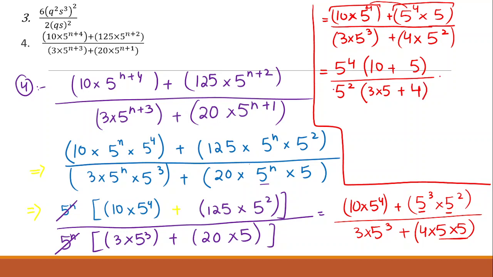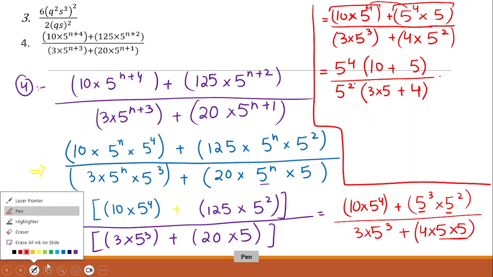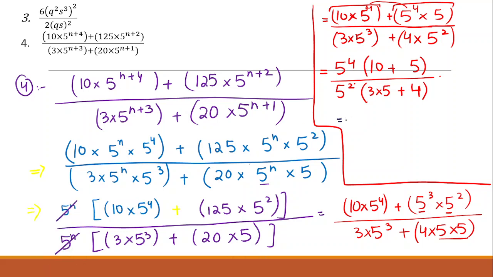So this 5 to the power square, what we can do, we can write 5 to the power 4 minus 2, because the bases are same, so we can subtract the exponents 4 and 2, which is 2, so I can just write 2.